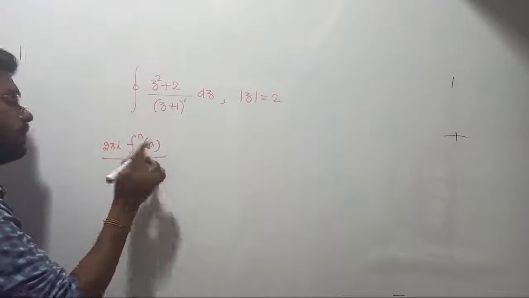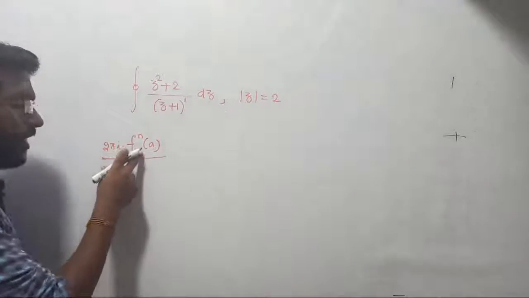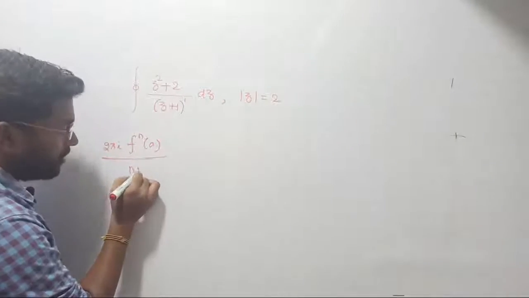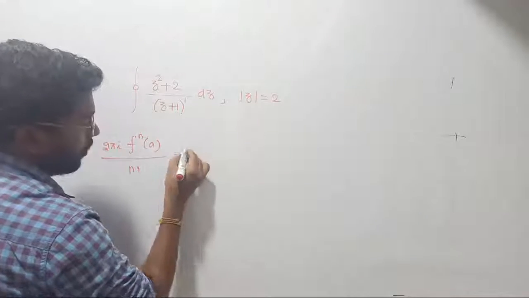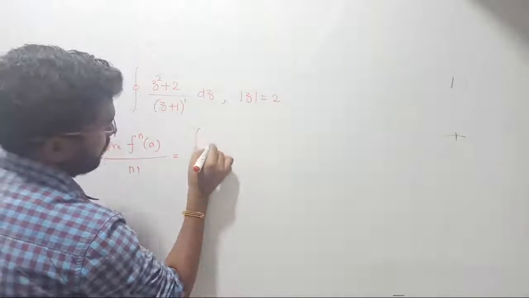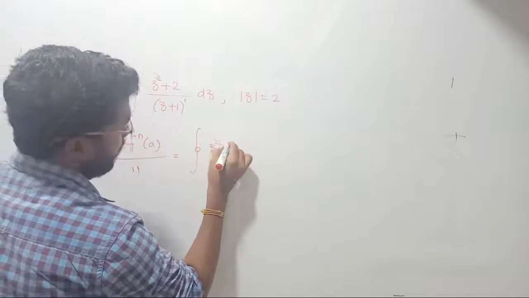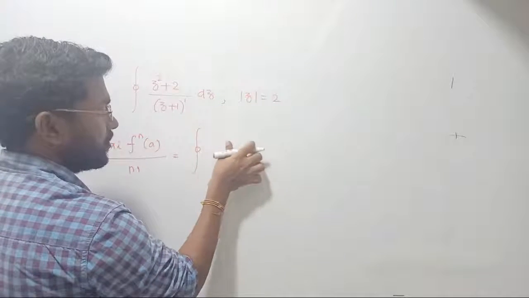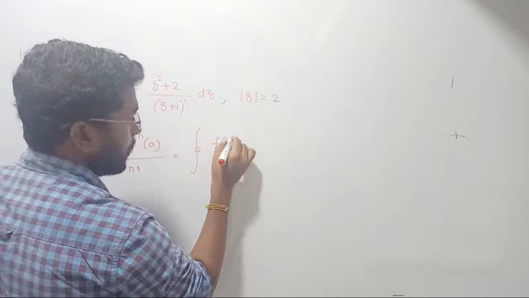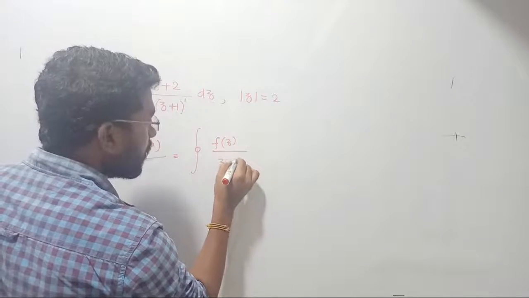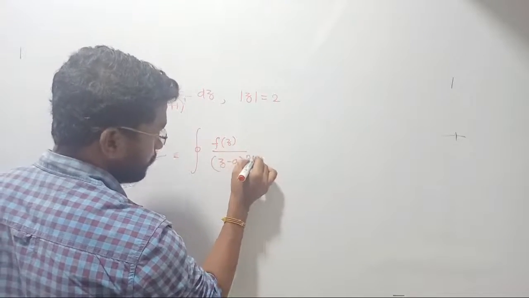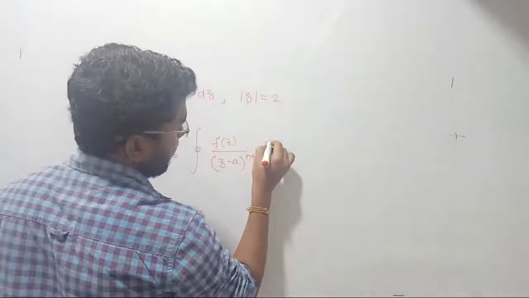Understand, that's enough. The general definition I had given: 2 pi i into f n of a divided by n factorial is equal to the closed integral of f of z upon z minus a whole power n plus 1, into dz. Exactly, that is true.